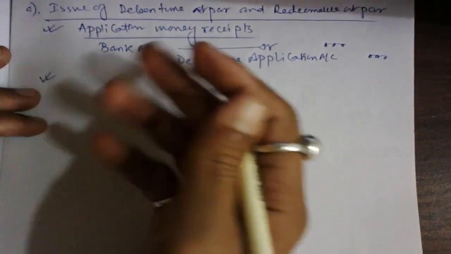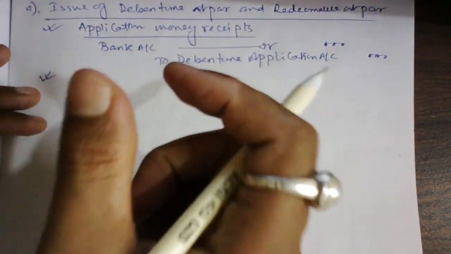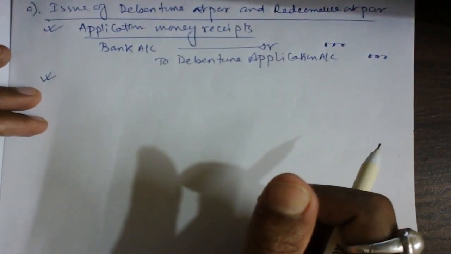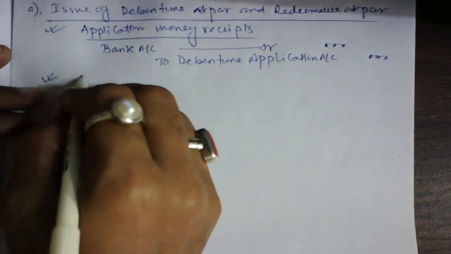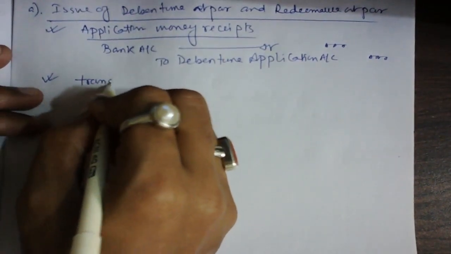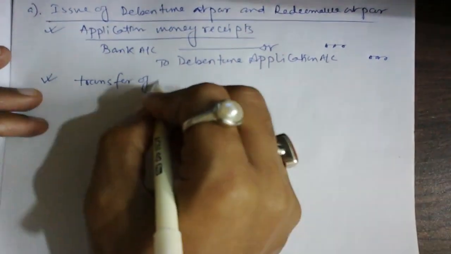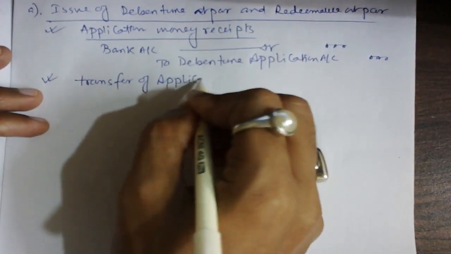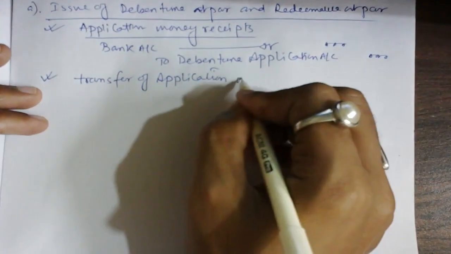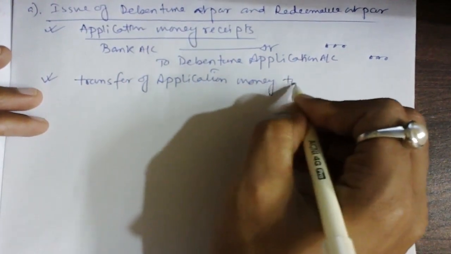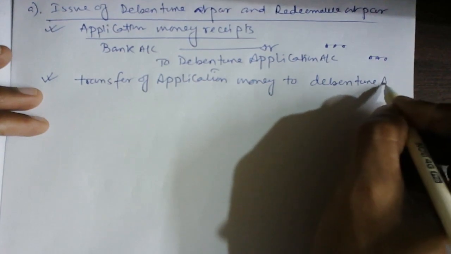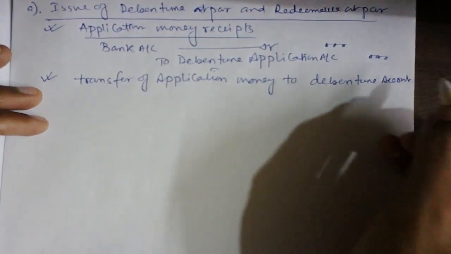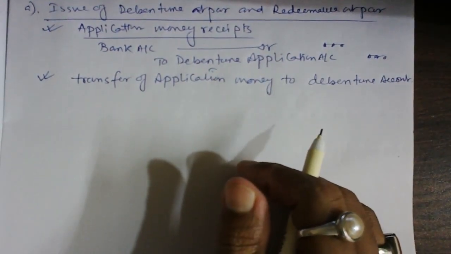And the next journal is that we need to transfer the application money to the capital, correct? So you can write: transfer of application money to debenture account.